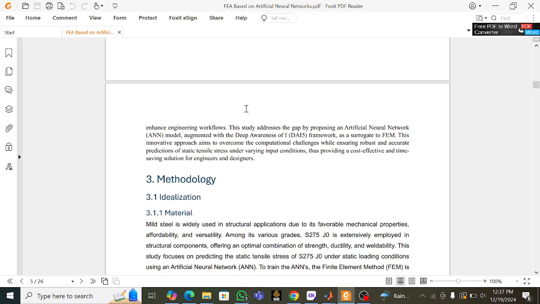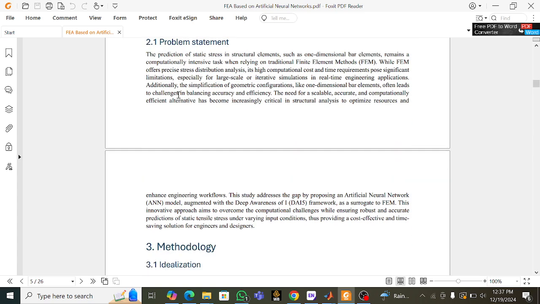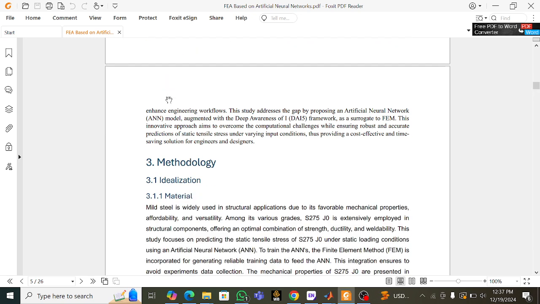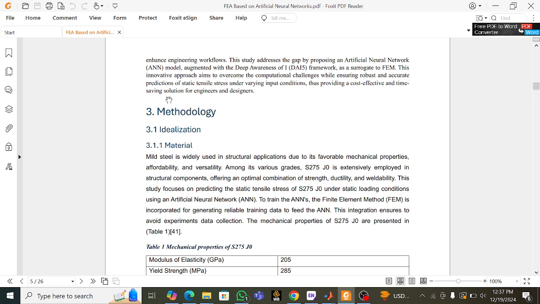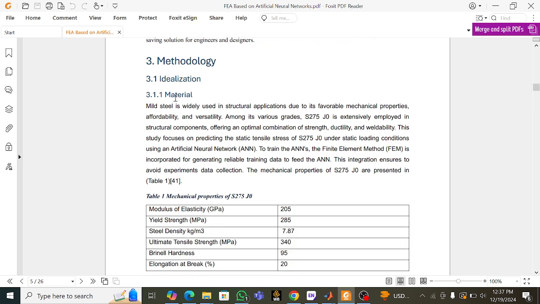In methodology, I explained the initial thinking about the problem, explaining each and everything about the problem components. Now I will explain the idealization. Idealization is to make the problem simpler. So I choose the materials. There are various types of material available that we can use, but I choose S275J0 to make the problem simpler.